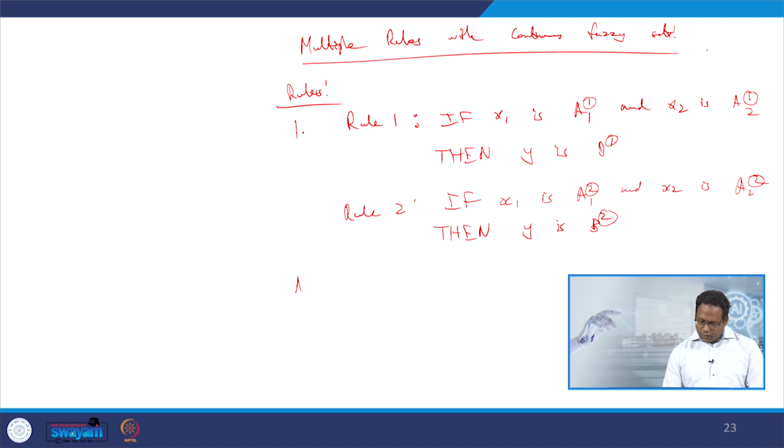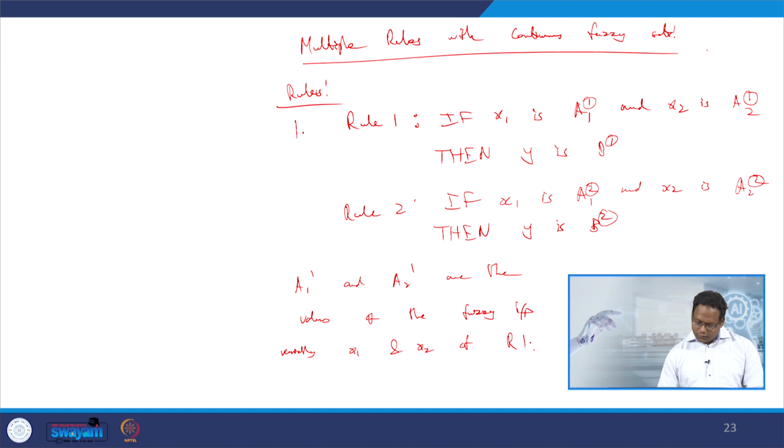So, here A11 and A21 are the values of the fuzzy input variables x1 and x2 of rule 1, and B1, B2 are the fuzzy output values of rules 1 and 2 respectively.